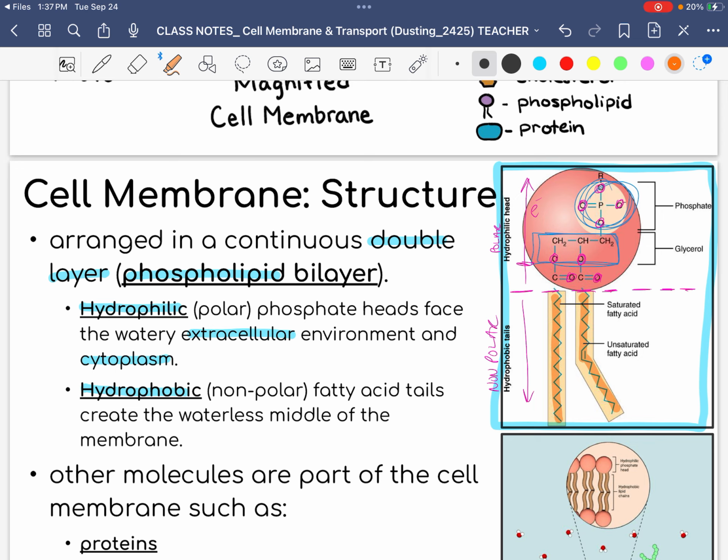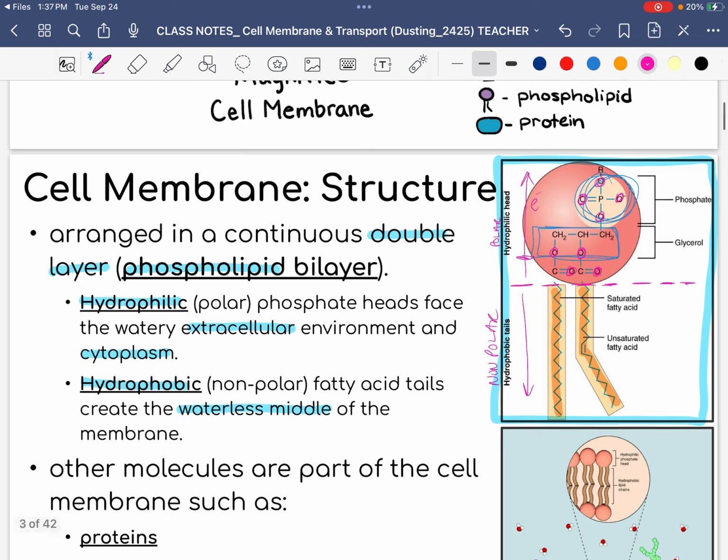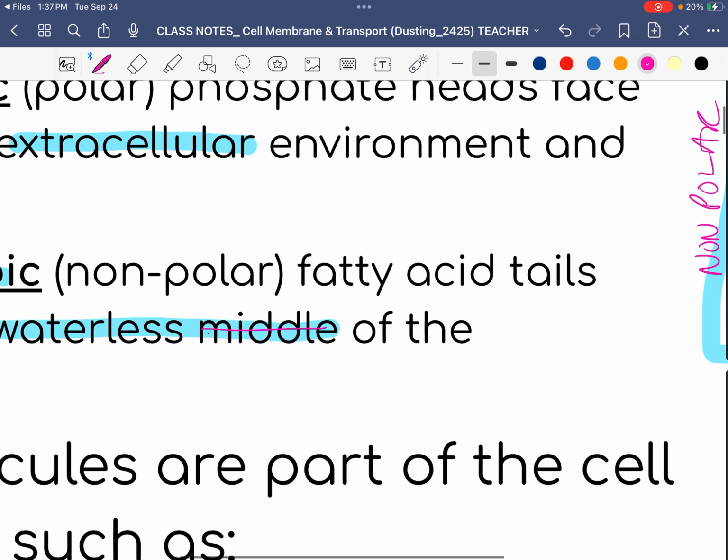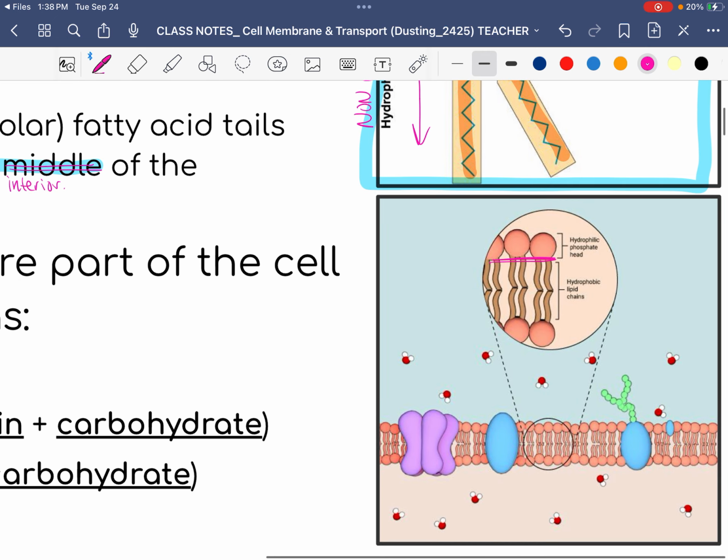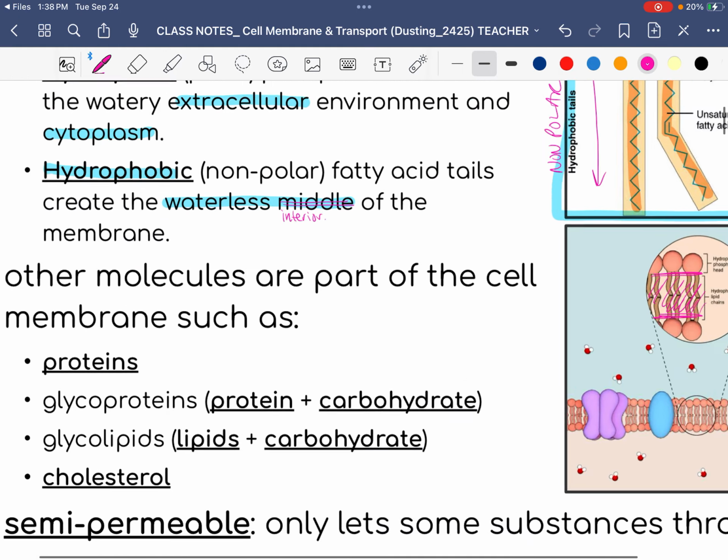They are going to face the interior of the phospholipid bilayer, and it's going to create a waterless interior. So the middle portion of the phospholipid bilayer does not contain water. It's afraid of water. It's hydrophobic.